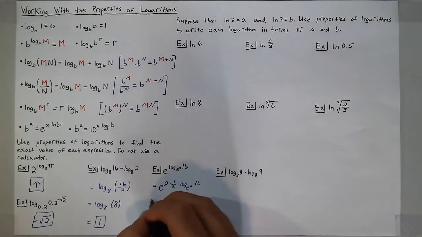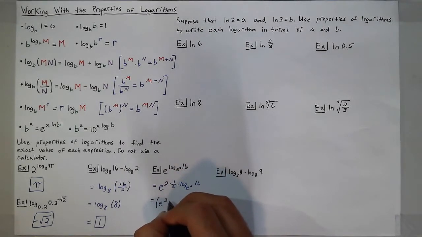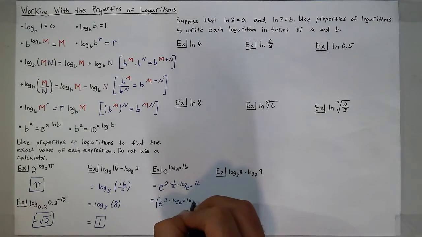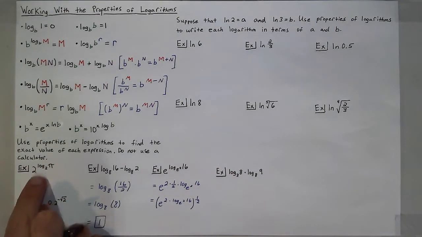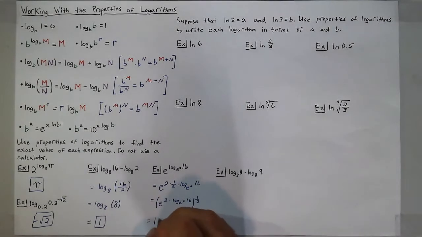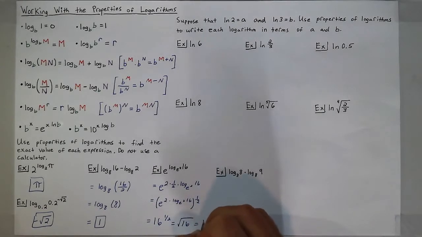And that 1/2, I could put as e to the second, e squared, times the log base e squared of 16, all to the 1/2 power. So now I have e squared matches that e squared, which means I can use that similar property I saw before, leaving me with just 16 to the 1/2 power. Now the 1/2 power is the square root, so the square root of 16 is 4.